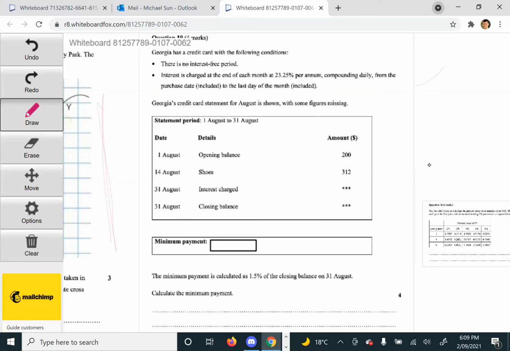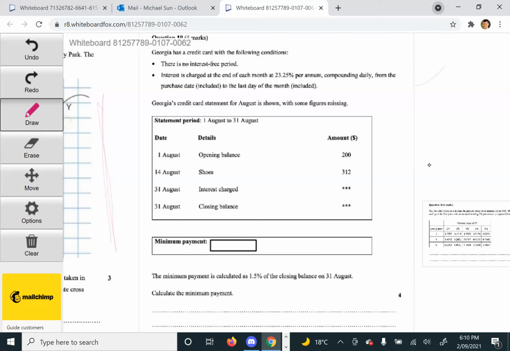So it'd be like 112 times 1.0012 or something. It should be 1 point, some really small decimal number, like 20 divided by 365.